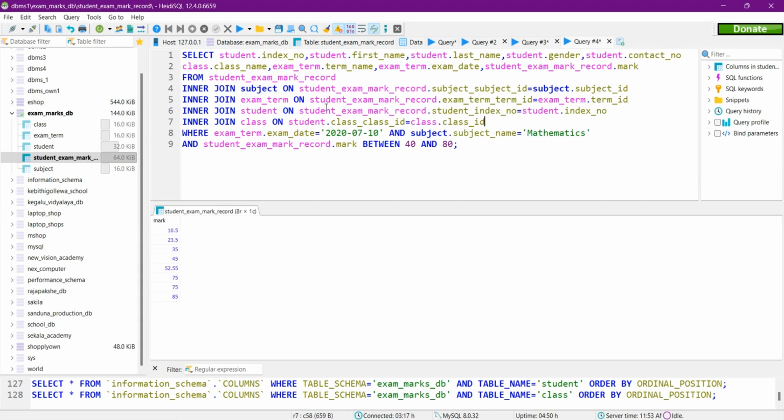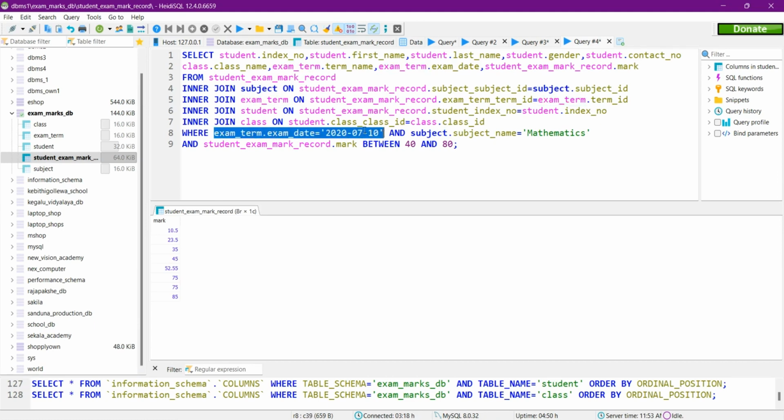If you come here, we have joined four tables here because we need to find out all the details. So we have connected the exam subject table because they have told us to find out the marks between 40 and 80 in the mathematics subject. So we have taken the subject table here, and then the exam term table because they have given an exam date.